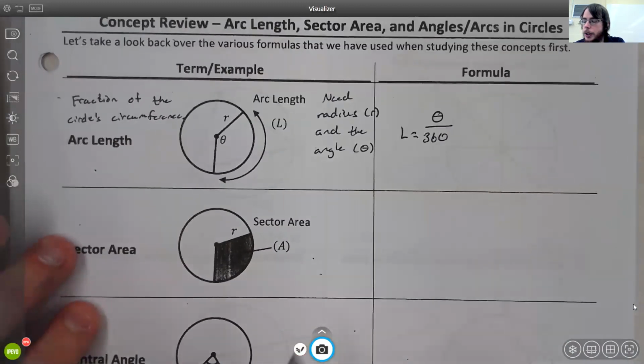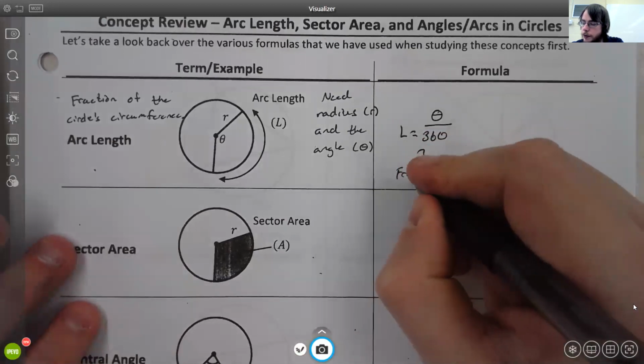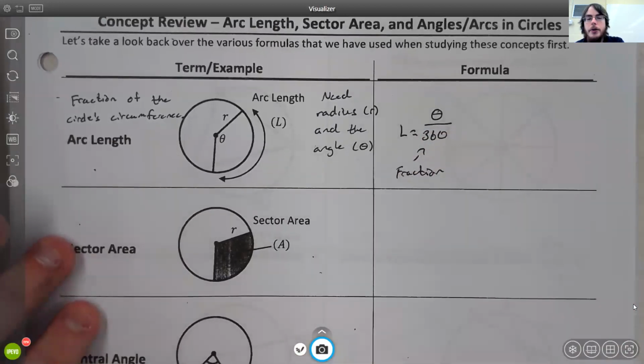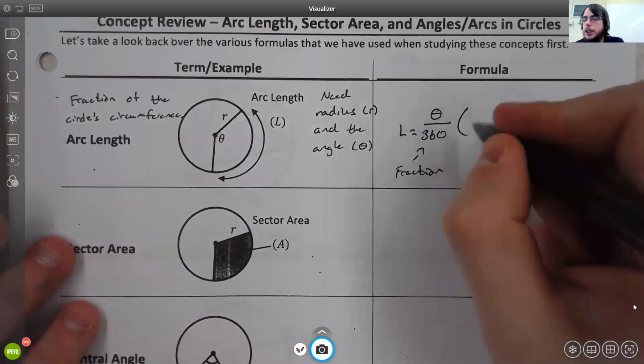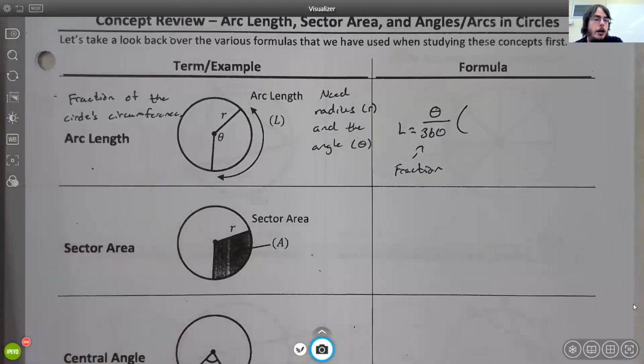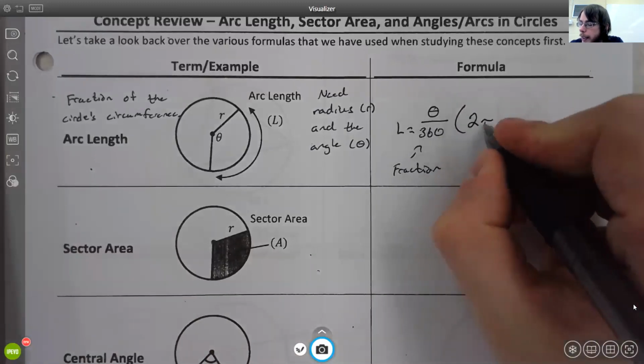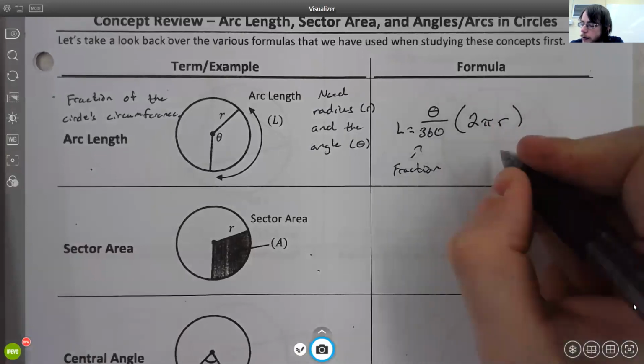But that's not all. That's just our fraction part. Next, in the parentheses, we're going to have to do its circumference. The circumference of a circle is given by the equation with the radius, C equals 2 pi r.